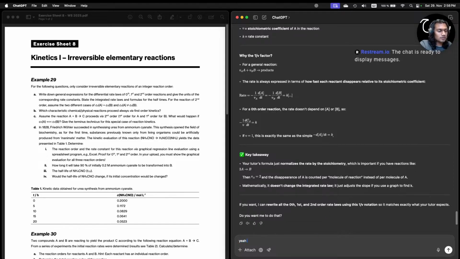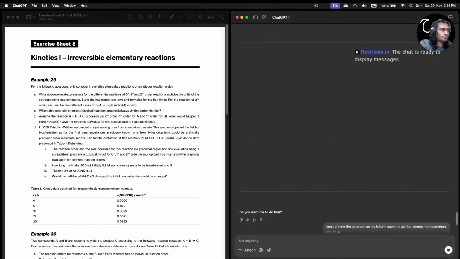Yeah, give me the equations as my tutor gave me, as that seems more formula.